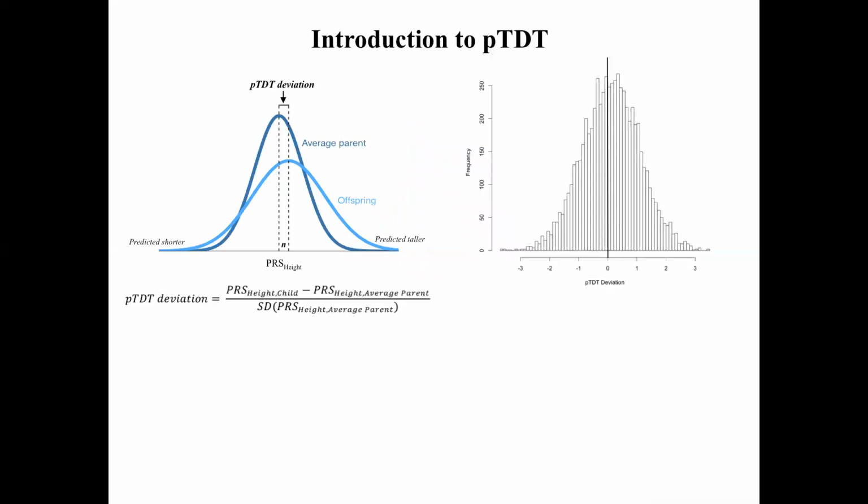If you then plotted the distribution of PTDT deviations for a cohort, for instance, in the case of a cohort ascertained for being taller in the offspring than in the parents, you'd expect a slight upward shift of this PTDT deviation, which we expect in this case.